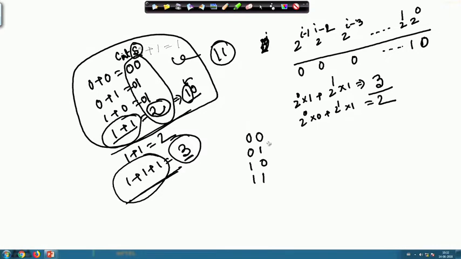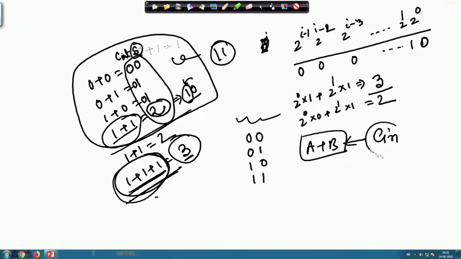So, using 2 bits only I can accommodate these three 1s, where A and B are the 2 inputs, along with C in, or carry in, as another input, and I am considering the C out and sum as the 2 bit output.